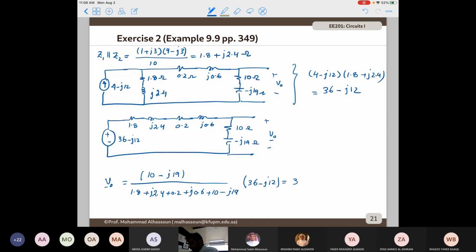If you solve for it, you will get 36.12 minus J18.84 volts.